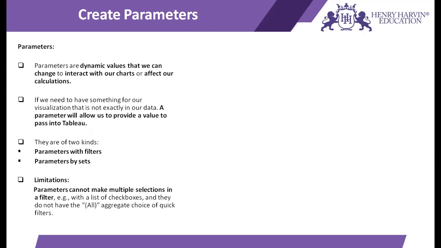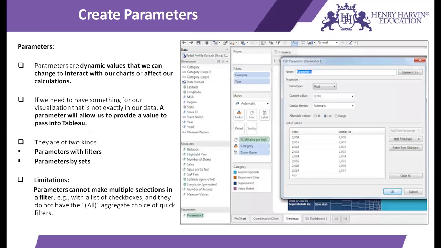Parameters can be used in multiple ways in our Tableau workbook. They can be used as filters, they can be used in sets, they can be used to make all the dimensions available as filters, and they can be used to make all the measures available in the data source as filters for my visualization.